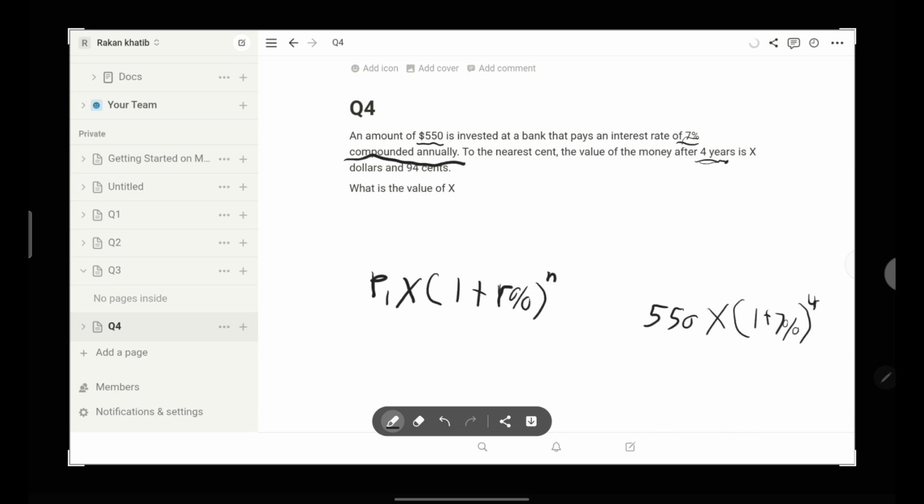Let's just write that on the calculator. 550 times 1 plus 7%, power of 4. You get 720.94. You ignore the 94 cents because here it said 94 cents, they only want x. So that's your answer right there, 720.